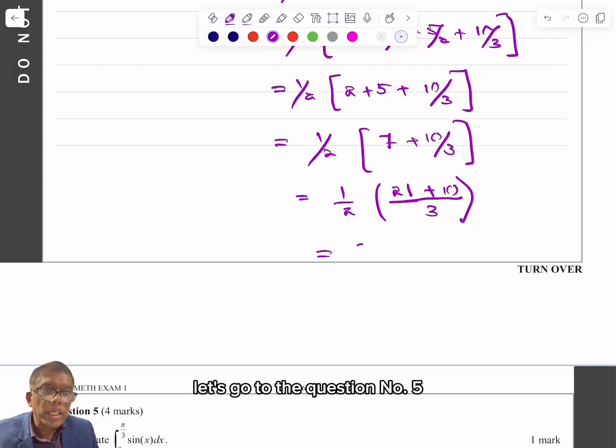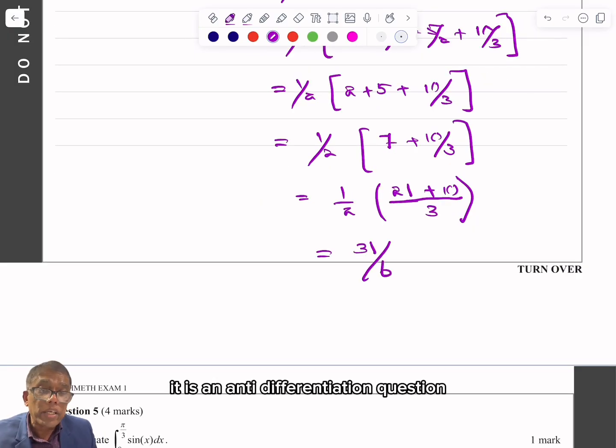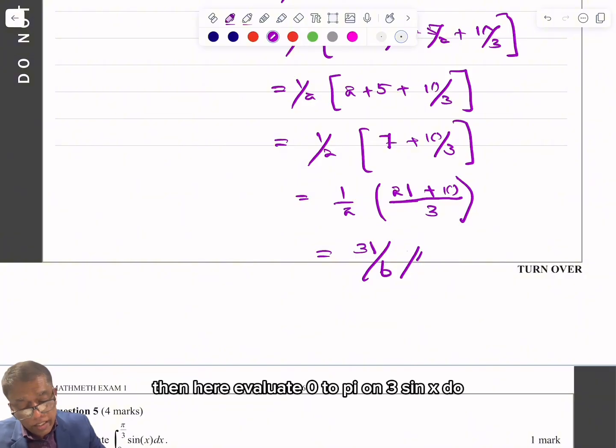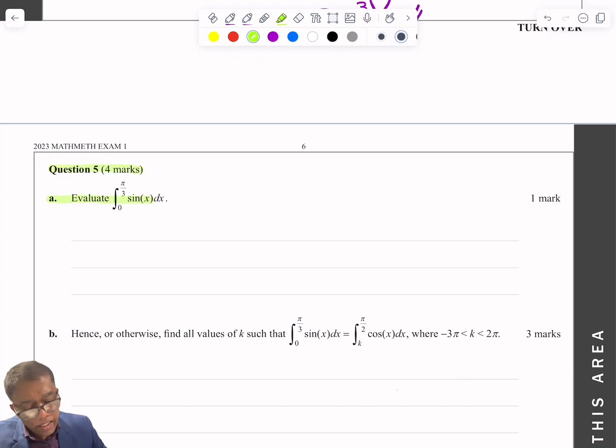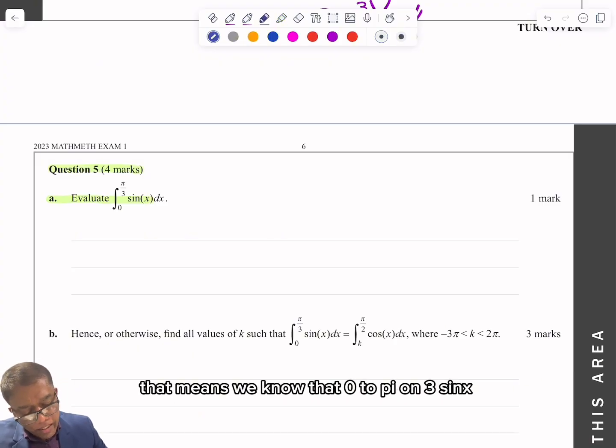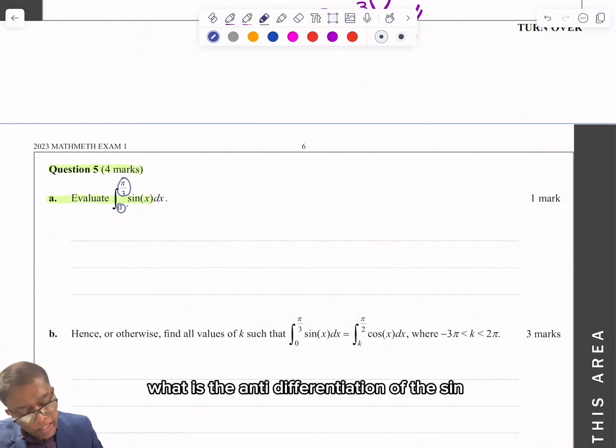Let's go to question number 5. It is an anti-differentiation question. Here, evaluate the integral from 0 to pi on 3 of sin x dx. What is the anti-differentiation of sin x?